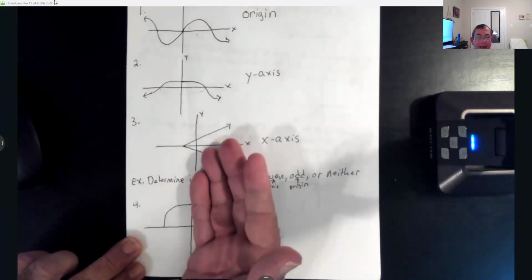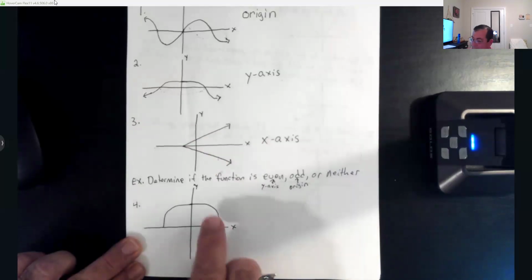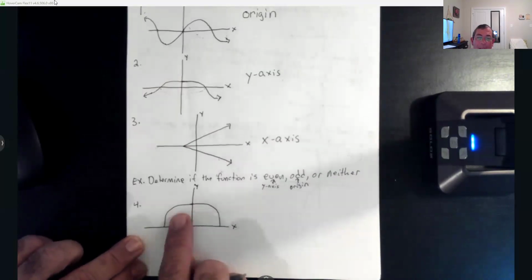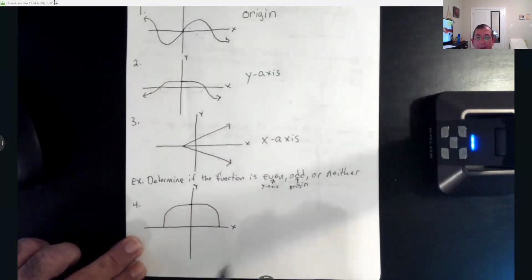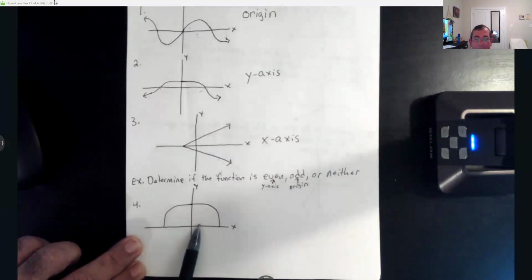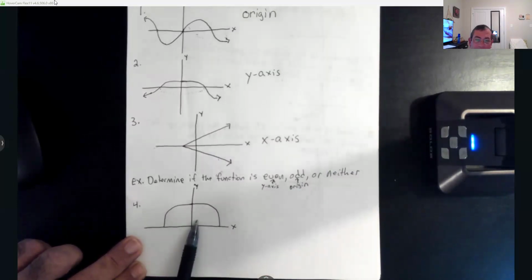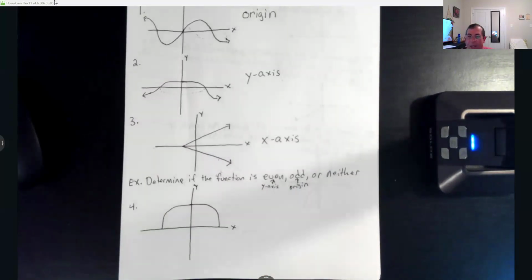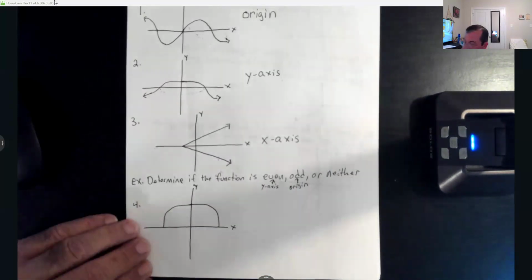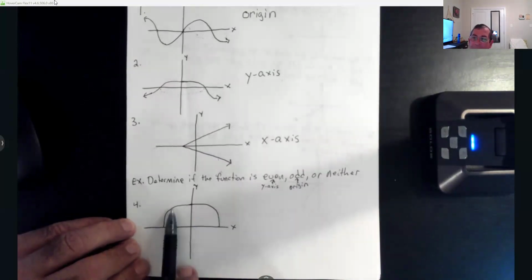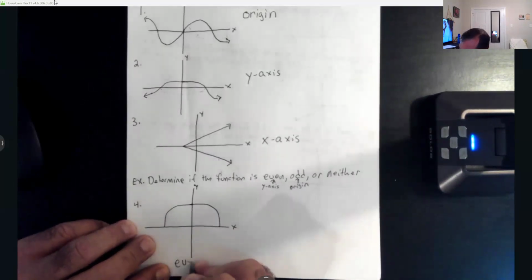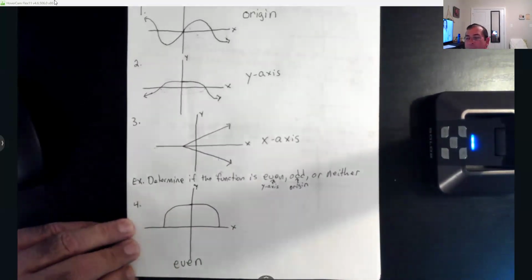Well, y'all, if I take that graph, fold it over the y-axis, this side lands on this side, so it's definitely symmetric to the y-axis. To be odd, I would have to turn it upside down and get the same picture. Well, if I turn this upside down, I'm not going to have an N shape. I'll have a U shape, so it's not odd. So y'all, since it's symmetric to the y-axis, this one is even.